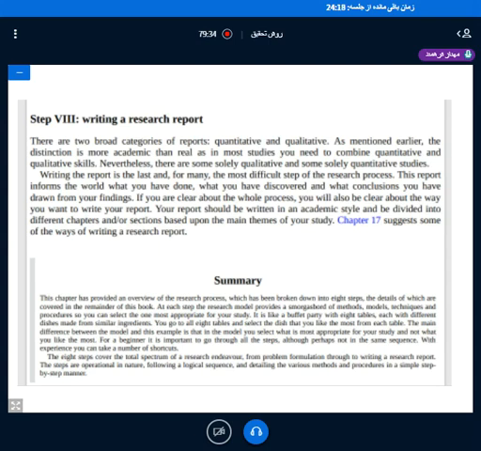Your report should be written in academic style and be divided into different chapters and sections based upon the main themes of your study. Chapter 7 suggests some of the ways of writing a research report that you are going to study. So, this chapter is very important.